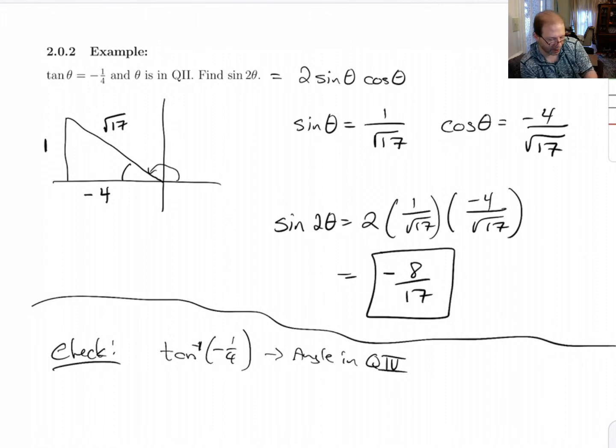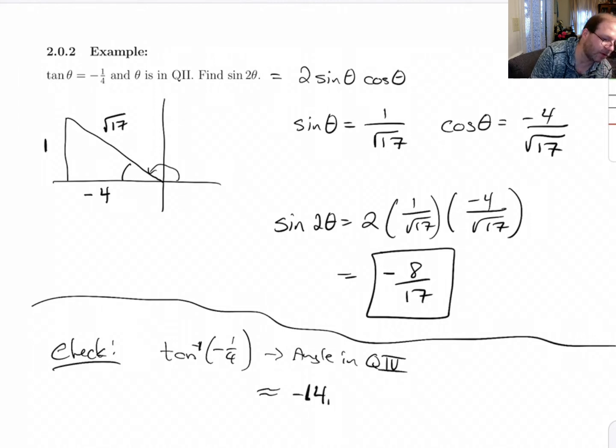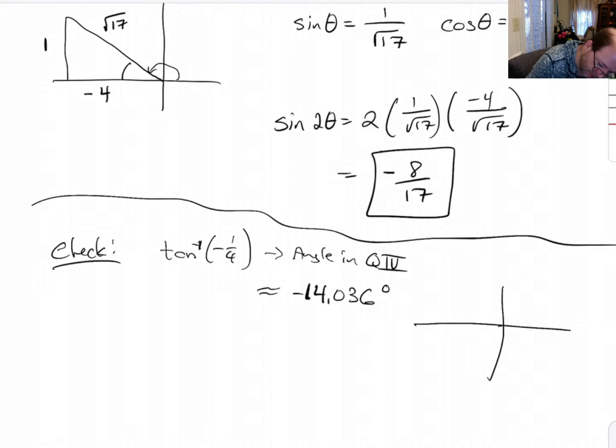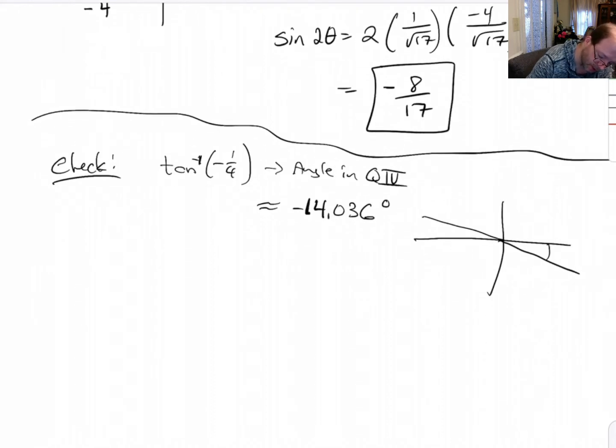And sure enough, if I stick it in my calculator and do inverse tan of -1/4, it gives me negative 14.036 degrees. So that's over here in quadrant 4. But what we wanted was the angle in quadrant 2. And it makes sense that quadrant 2 would be negative because ASTC in this quadrant and this quadrant, these are the ones where tangent is negative.